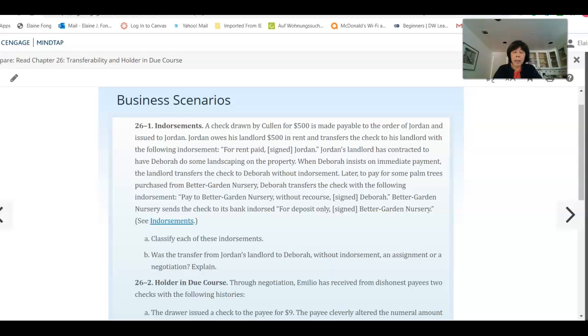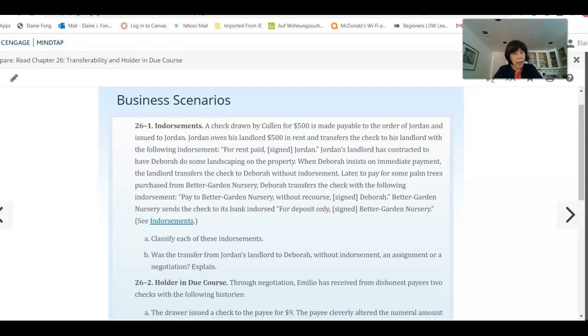All right. The landlord does not put an endorsement on it, and that's fine. Why is it fine? Because the check, after it has been transferred to the landlord, has become bearer paper.